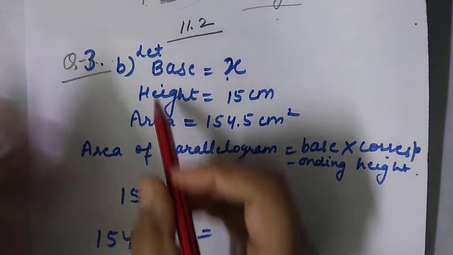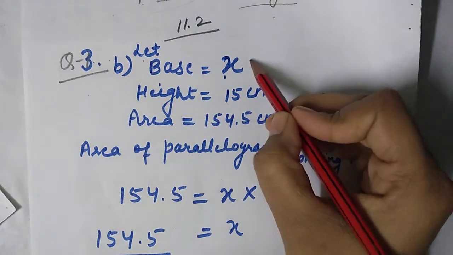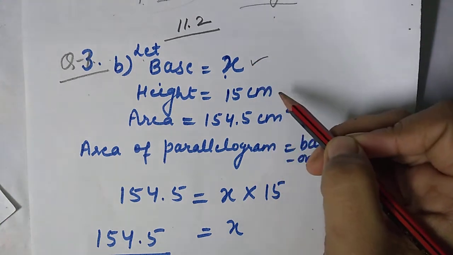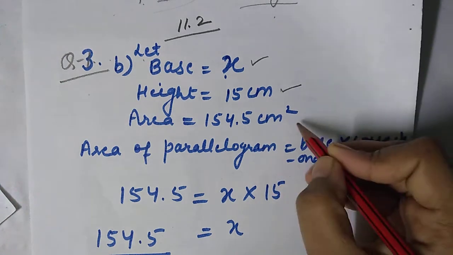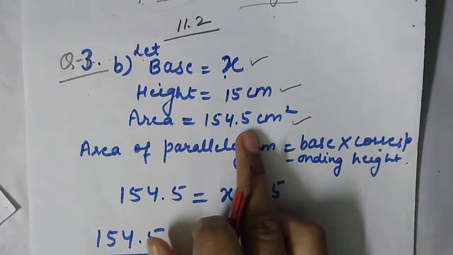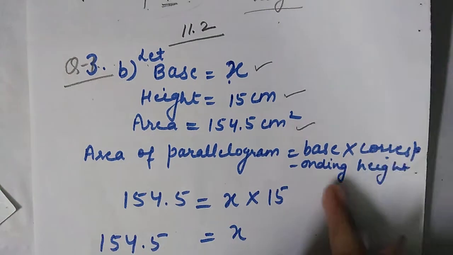Just look here. So I have to find the base. So here I have assumed let the base be x. You can take it as b also. Okay, and height is 15 centimeter given, and this is also given. Now area of parallelogram is given, so I will apply the formula. Area of parallelogram is base into height.